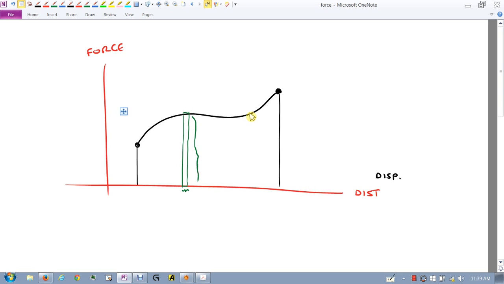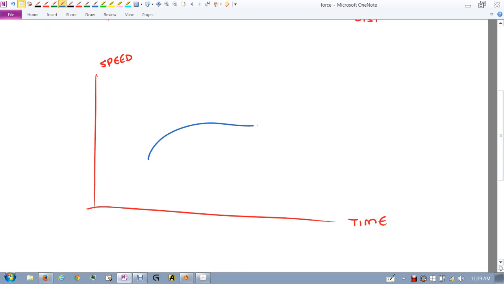So that's just one sort of application. You could do this with any quantities. If you do time here and speed, or velocity, here, and you find the area under the whole thing, again, go back to the infinitesimal. What is this?